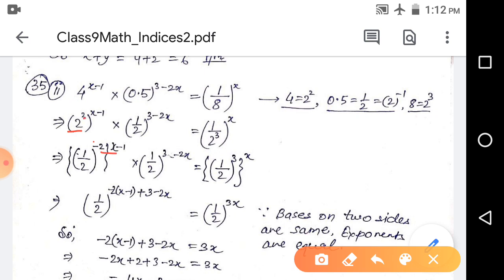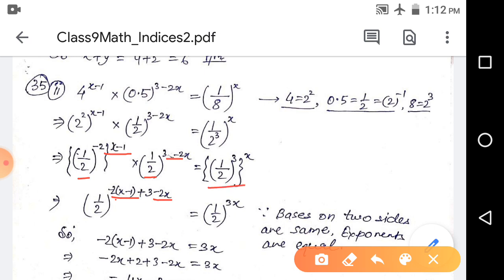Now the powers are multiplied, and here we have 1 by 2 and 1 by 2, the same base, so the powers are added. It is minus 2 into x minus 1, added with 3 minus 2x.